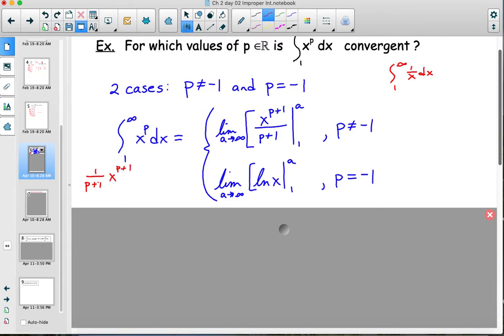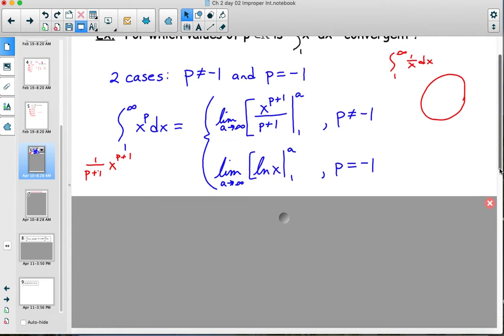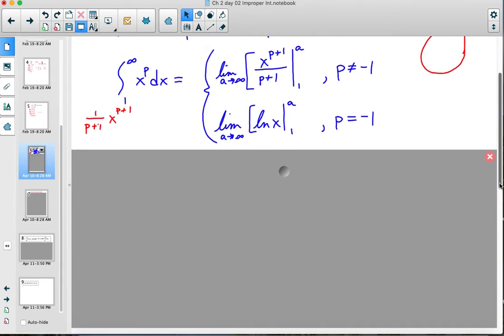I just combined that into a single fraction, and that's what I have written here. Now, when p is equal to -1, the antiderivative is just the natural log of x, and we've worked that one out already. So I want to evaluate each of these from 1 to a. You might want to hit pause for a minute and make sure you understand exactly where I got these two pieces.